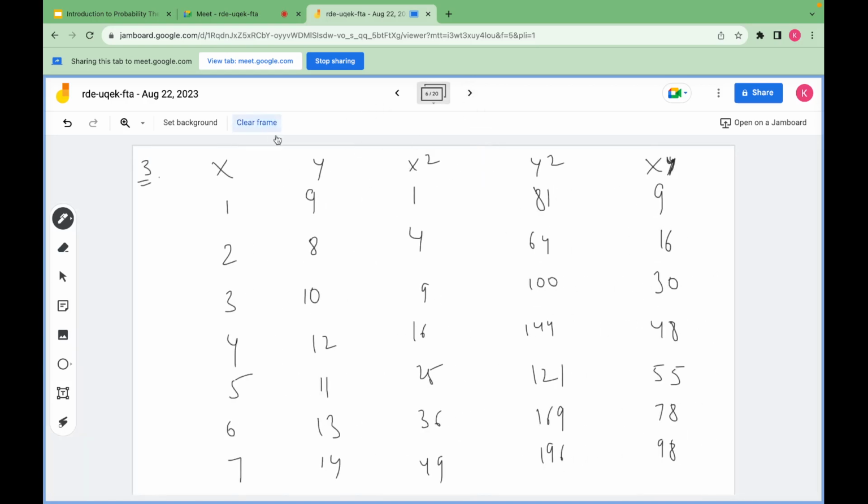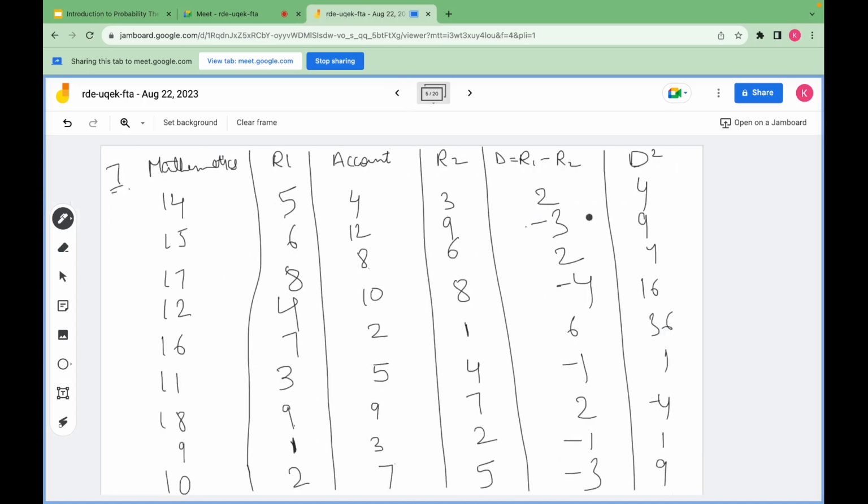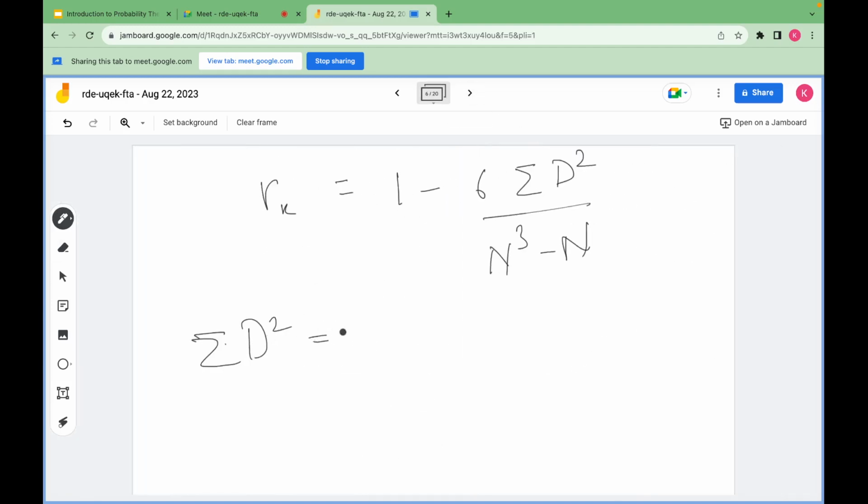Now the correlation formula for Spearman's is 1 minus 6 into sigma d square upon n cube minus n. This sigma d square will be the summation of this column. When you compute, this will come out to be 84, and n is 9.